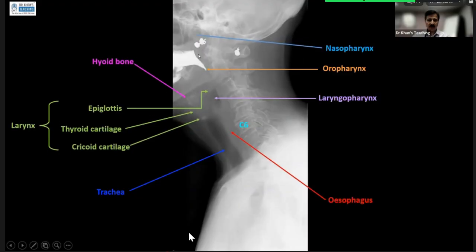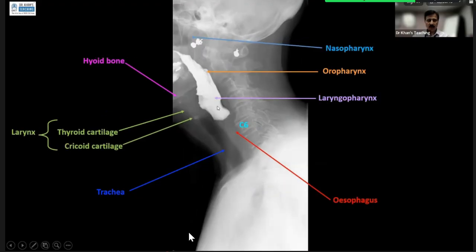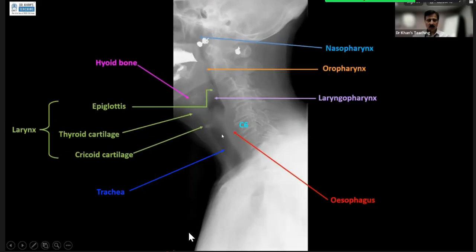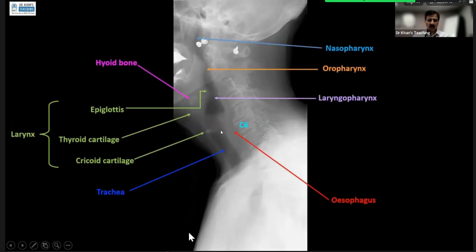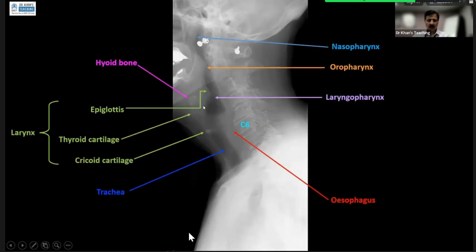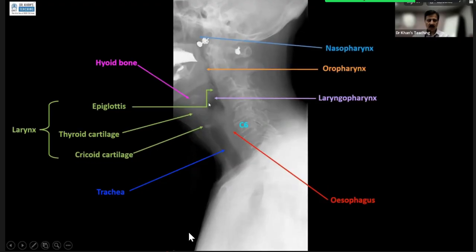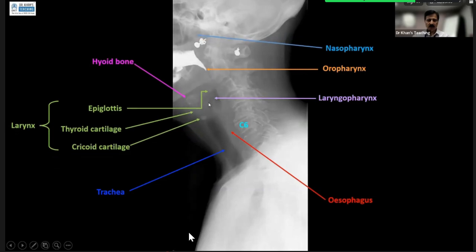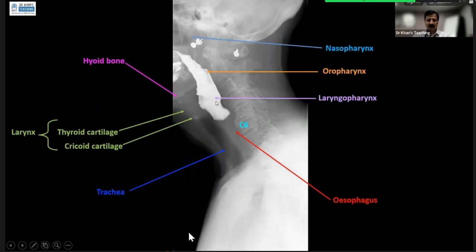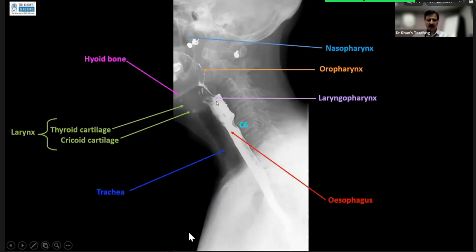It has closed everything, and then you see the bolus is going down, and it doesn't go into the trachea. Why? Because of the epiglottis. So just concentrate on the epiglottis. This is the epiglottis. This is the larynx, and see how it is going to cover it. Here you are. So the constrictor muscles, etc., raise the pharynx superiorly, and it obliterates this air space.